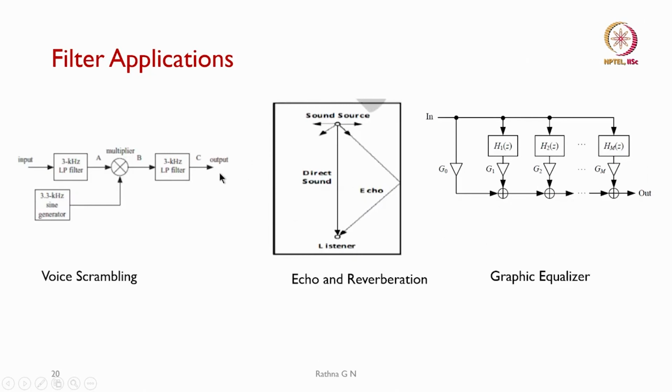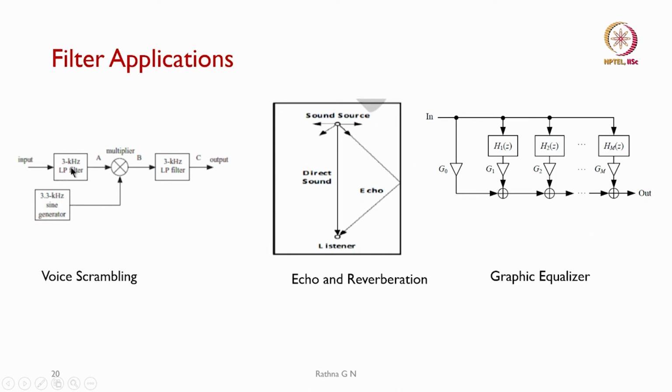The other filter application we saw was scrambling. If you want to scramble your speech and protect it, or your audio, whatever it may be, we took an example of a 3 kilohertz input signal with a low pass filter, and a 3.3 kilohertz sine generator.